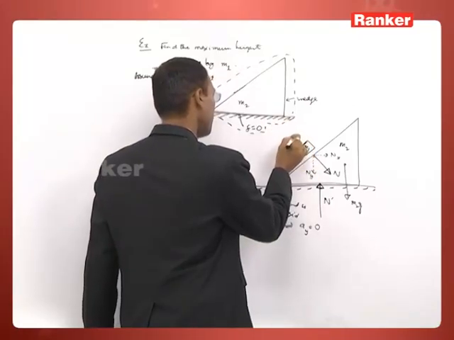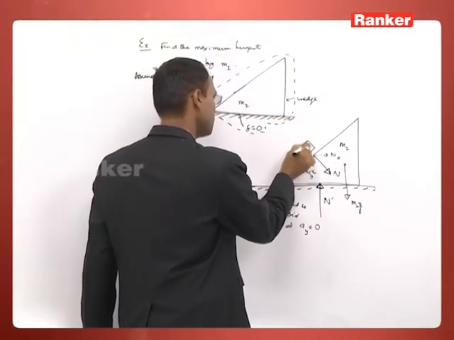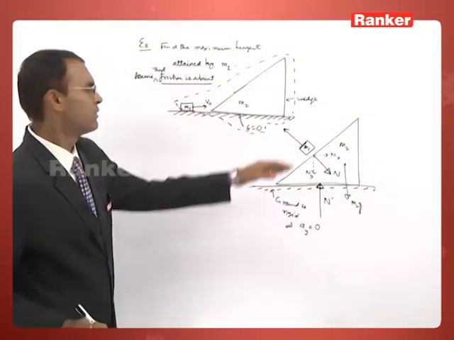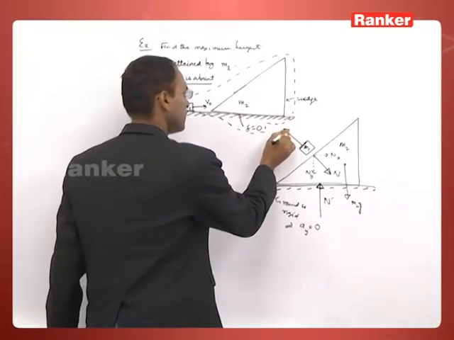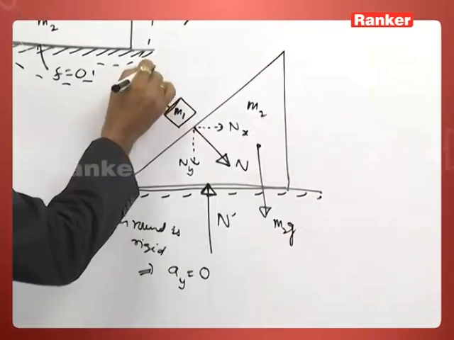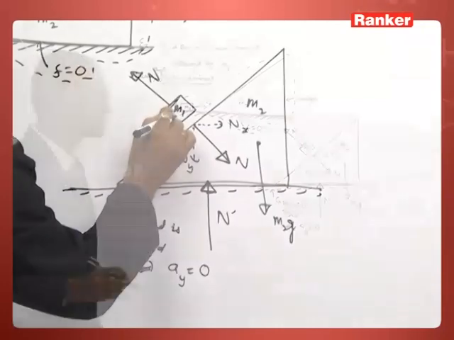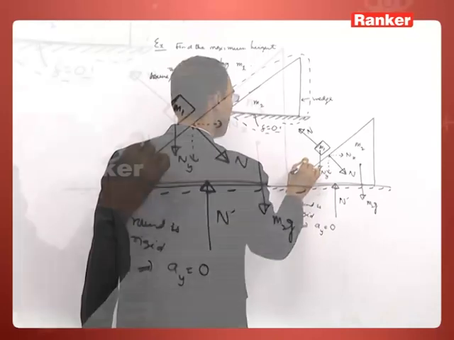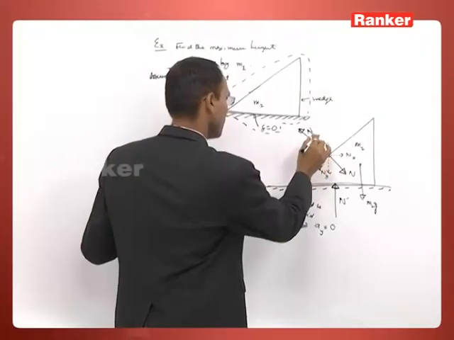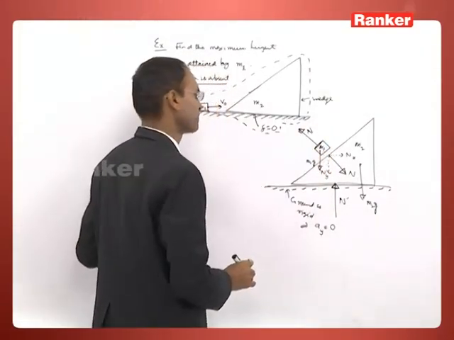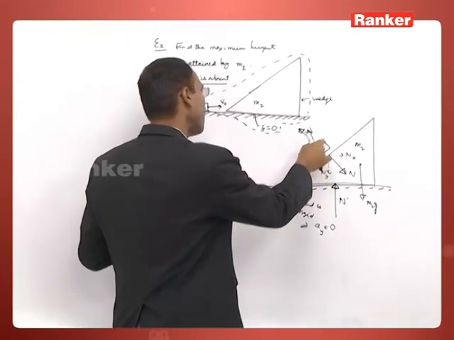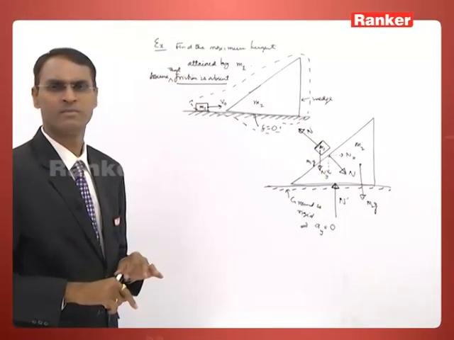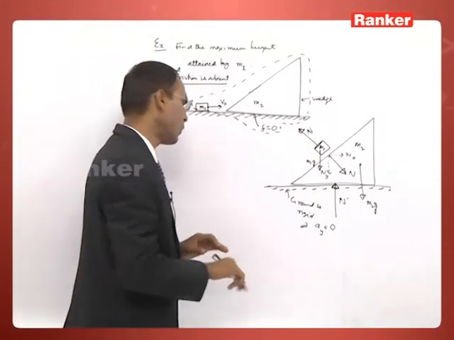Now come to the block 1 having mass M1. Block 1 is being pushed by the wedge in opposite direction with a force of equal magnitude, and gravity pulls the block down. We cannot expect that net force acting on the block along vertical direction will be equal to 0.